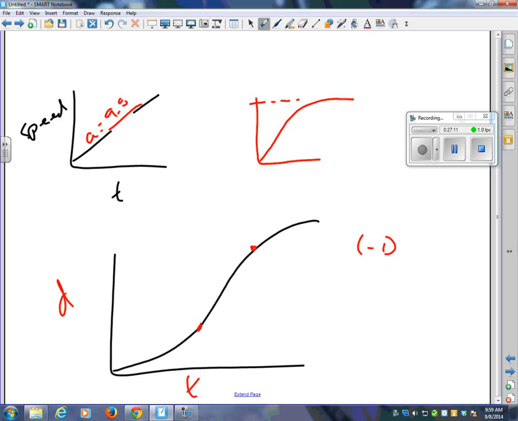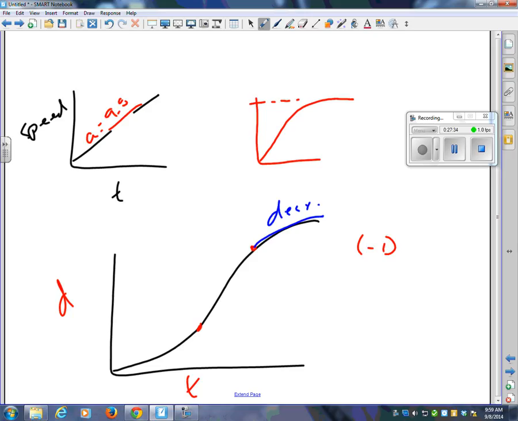Over which interval was the object's velocity decreasing? From D onward. Would you agree with him? Yes, and you would be correct.